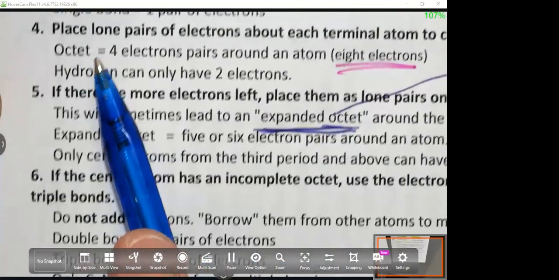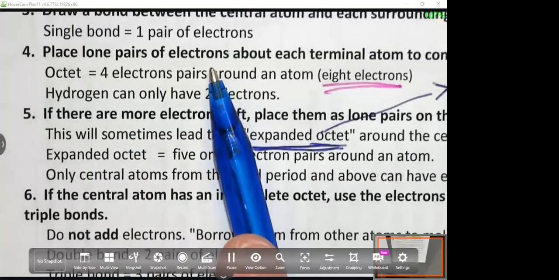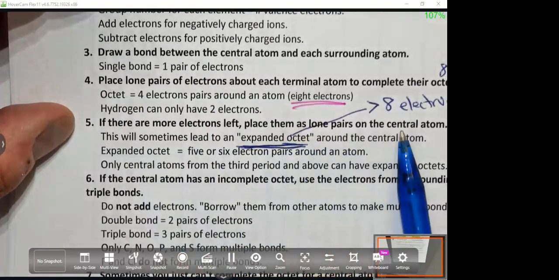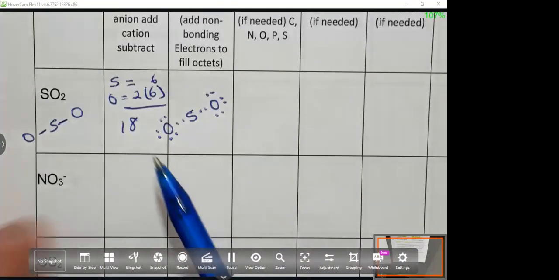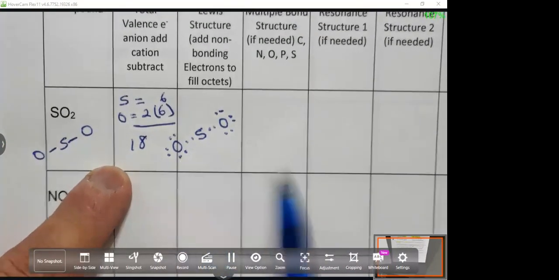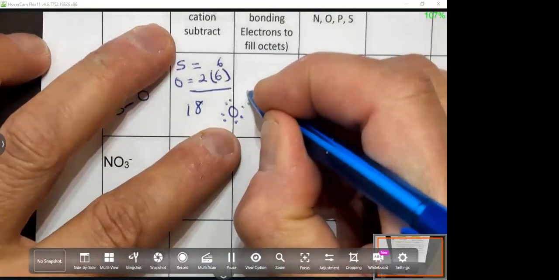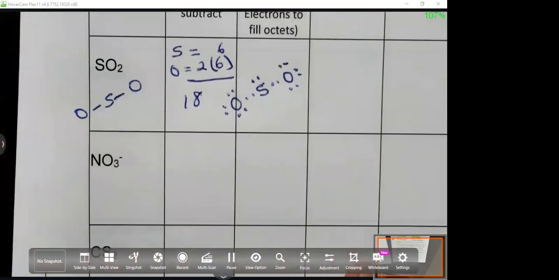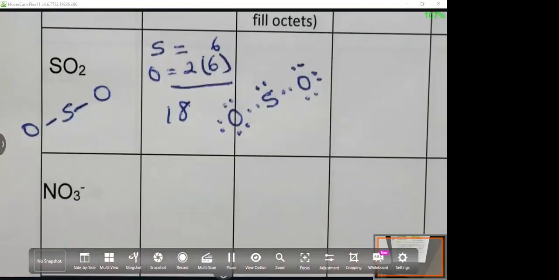So I did step 4. We place lone pairs around the central atom. If there are more electrons left, place as lone pairs. We have 2 electrons left, right? So we got to put them on there. Sulfur is a little bit more happy, but not quite happy.